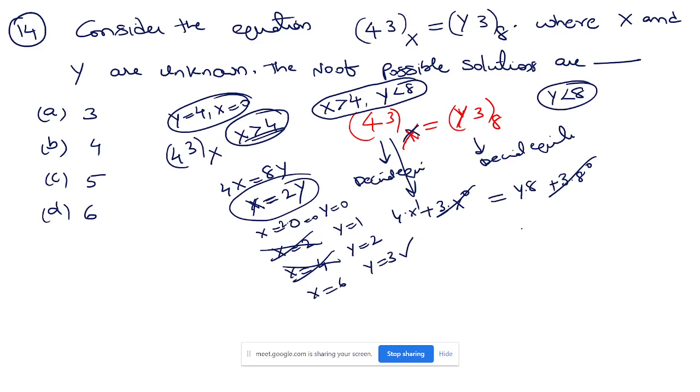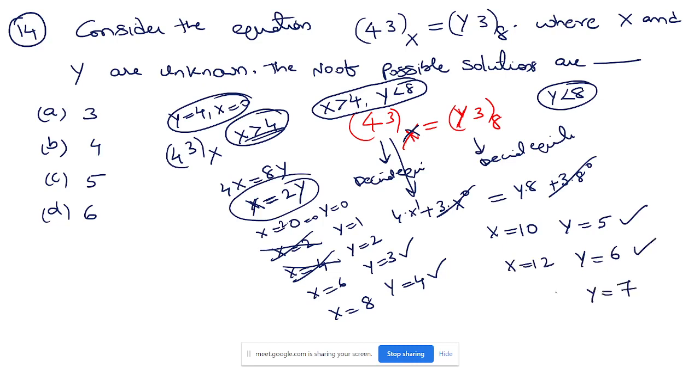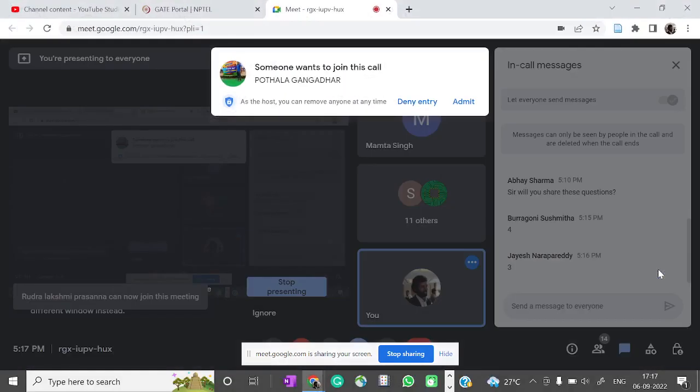Yes. Then y equal to 4, x equal to 8. This is also okay. Then y equal to 5, x equal to 10. This is also fine. y equal to 6, x equal to 12. This is also fine. Then y equal to 7, x equal to 14. This is also fine.